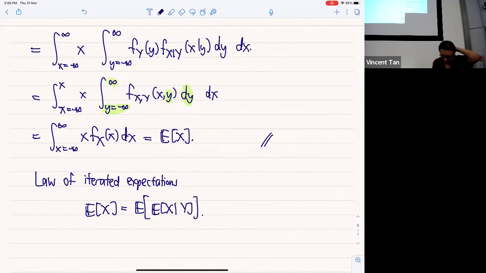The law of iterated expectations is very strange, but as mentioned, the conditional expectation is no longer a constant. That is the point. It is now a random variable. For a random variable, we can take its expectation and ask, what is the expectation? Well, it is nothing but the original expectation of x.